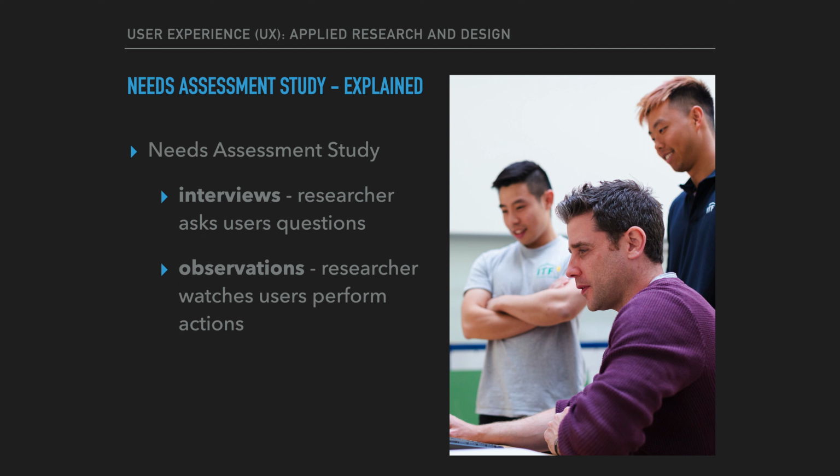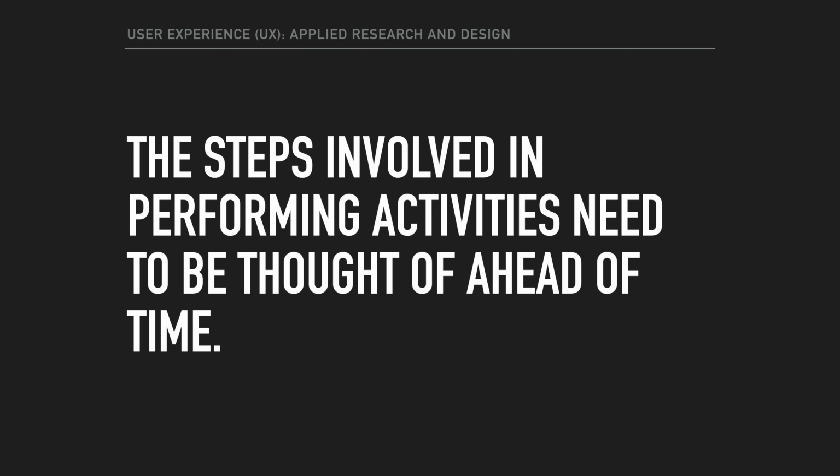This allows the UX researcher to get a view of the needs, but also to see actual examples of the activities, how and why they are done the way they are. Each session should take anywhere from 30 to 60 minutes. The steps involved in performing these activities need to be thought of ahead of time, and then the activities need to be scheduled and conducted.